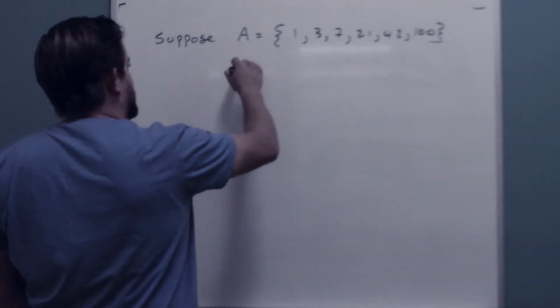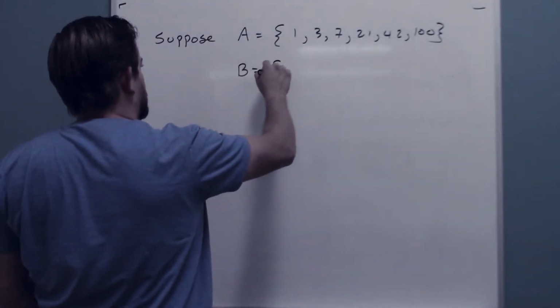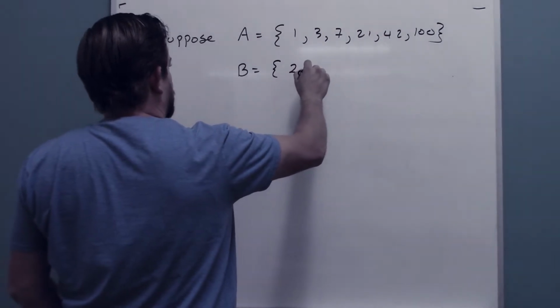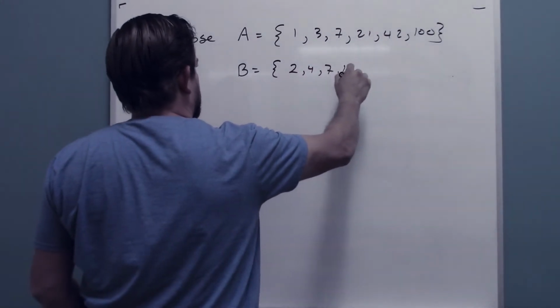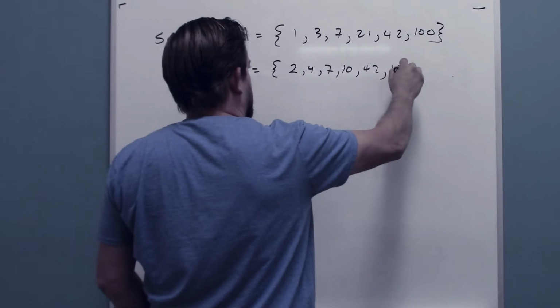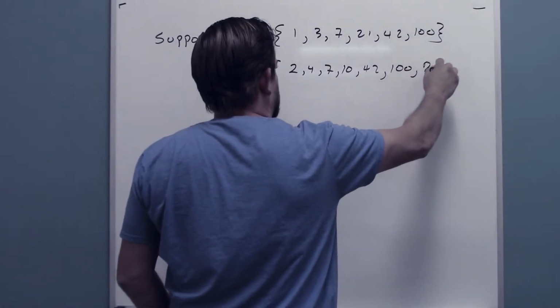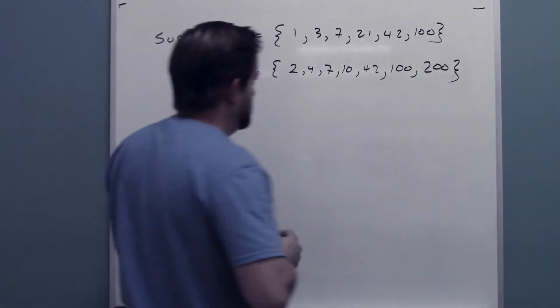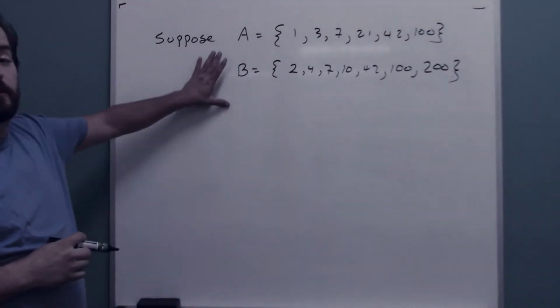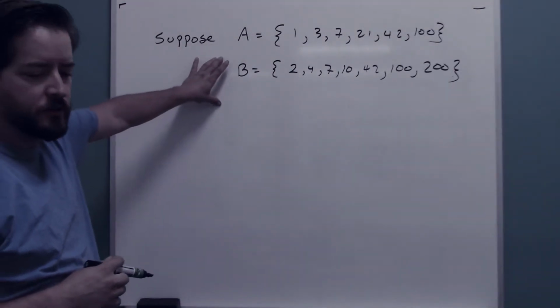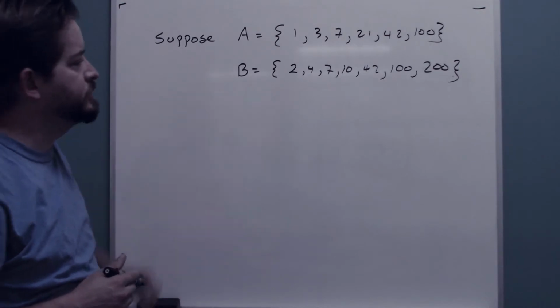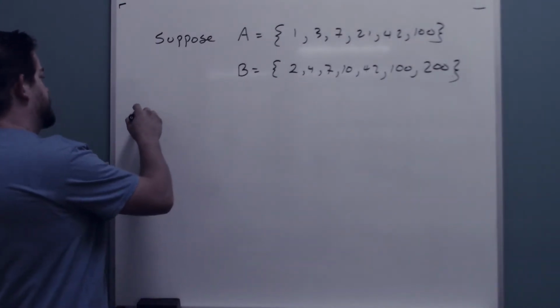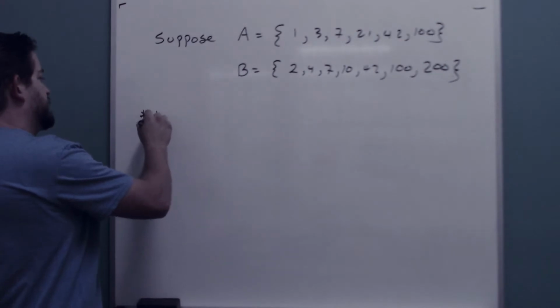Now let's say we have another set B, which is say 2, 4, 7, 10, 42, 100, and 200. Okay. We have two sets. We can describe a conjunction of these two things. Let's call the first one the union.